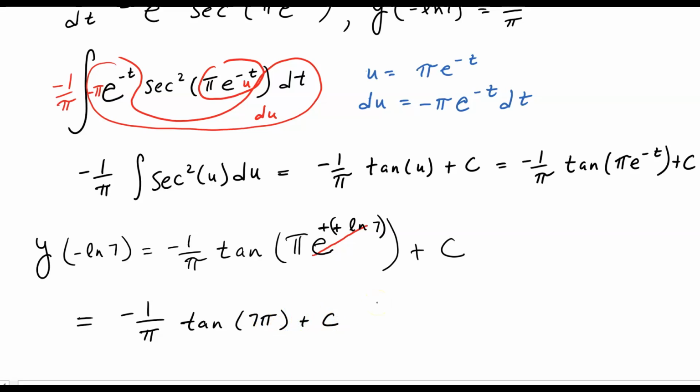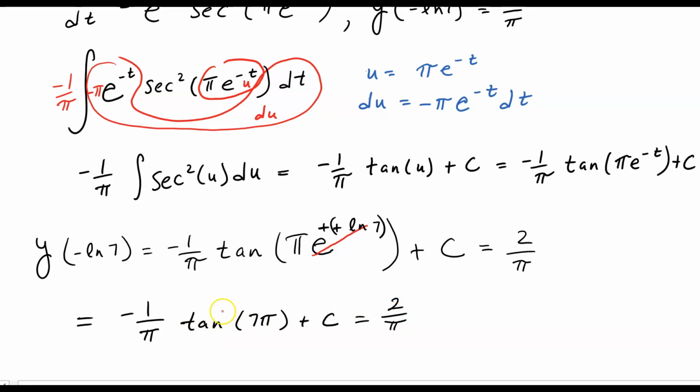Well, if you know anything about the tangent of pi, okay? Oh, by the way, this equals 2 over pi from the very beginning. If you know anything about the tangent of 7 pi in this case, which is, I believe, coterminal with pi, tangent of 7 pi there is 0.